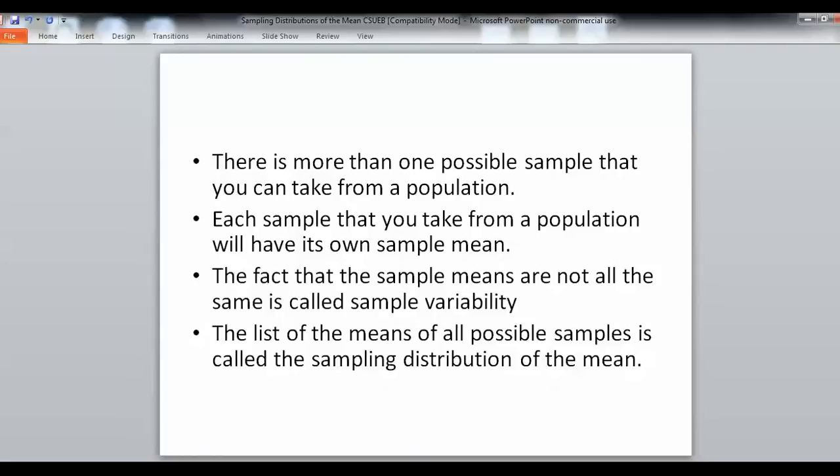And when I said that I would create all possible combinations of 50, the number doesn't have to be 50. I could take the 20,000 ages that I've recorded and create all possible combinations of 20, and then calculate the average age of all possible combinations of 20.